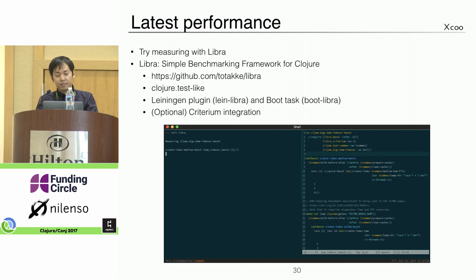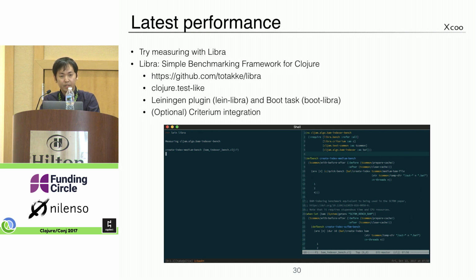I created a simple benchmarking framework called Libra, for easily checking performance. Libra provides Clojure test-like benchmarking features like defbench, and also a lein plugin and boot tasks, and optional Criterium integration.